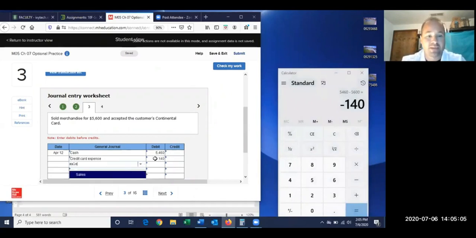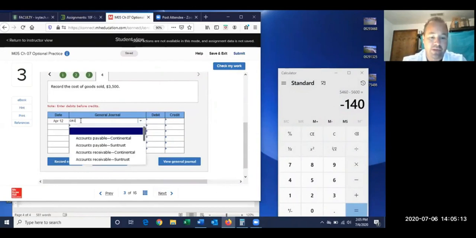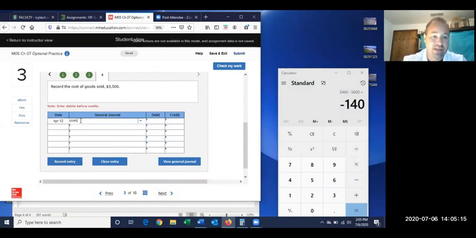And then simply that we had a sale of $5,600. And then the final entry showing the cost of goods sold. And they tell us, so it's not difficult here. Just simply debit 3,500 cost of goods sold, credit merchandise inventory for 3,500.